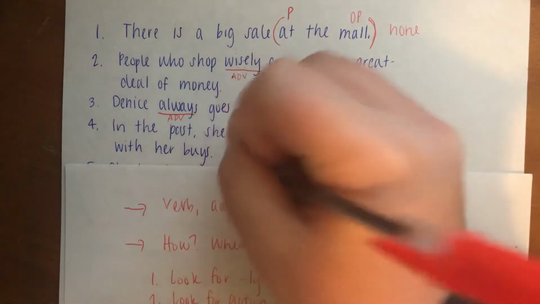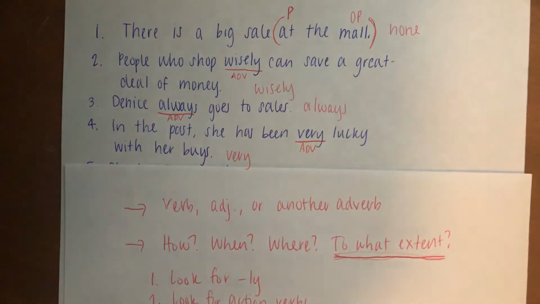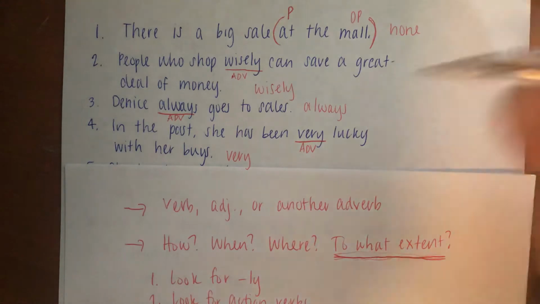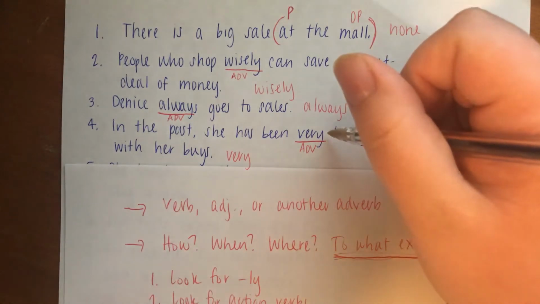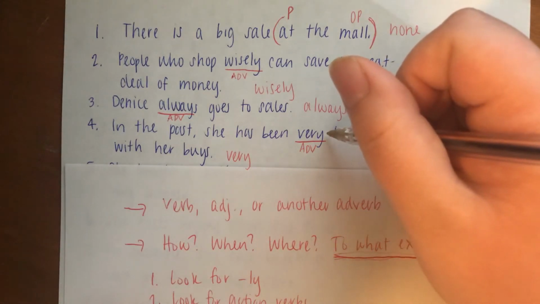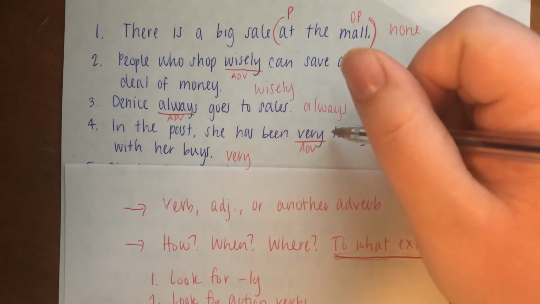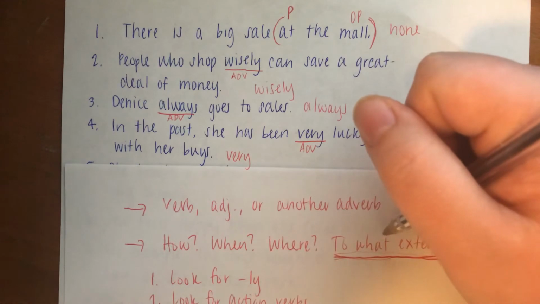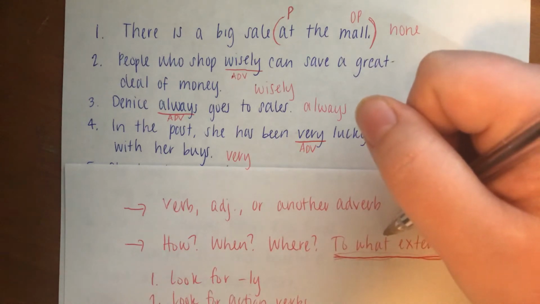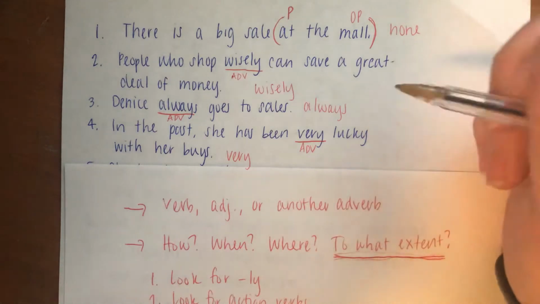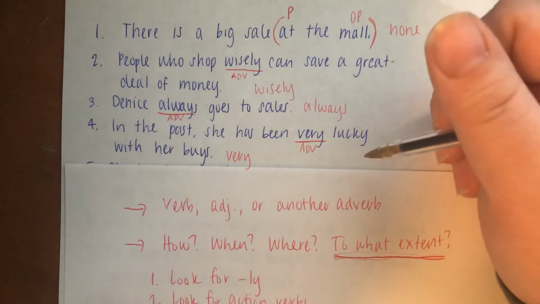Very is our adverb, modifying an adjective, lucky. Pro tip, very is always an adverb. No matter where it's at in a sentence, no matter how it's used, the word very is always going to be an adverb, and it's telling you to what extent. She is very tired, he is very grumpy, they are very exhausted. Very always just gives more to what extent.